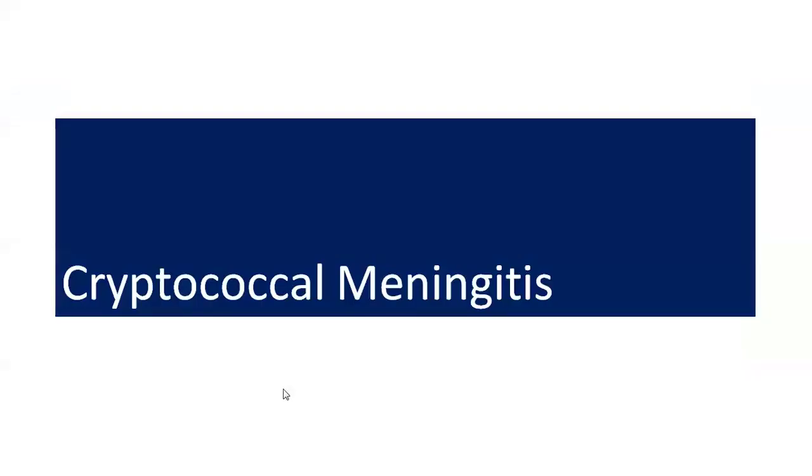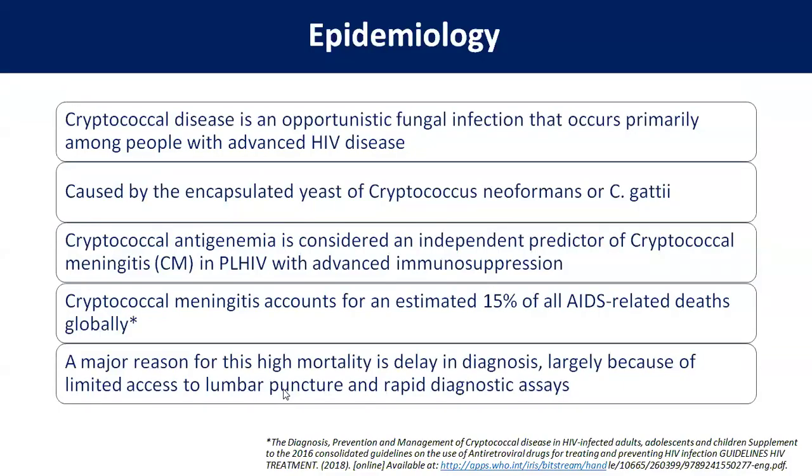Coming to cryptococcal meningitis. After laying a foundation about what clinical features to expect from various infestations, we are talking about cryptococcal. What is the epidemiology? Cryptococcal disease is an opportunistic fungal infection that occurs primarily among people with advanced HIV disease, caused by the encapsulated yeast Cryptococcus neoformans or Cryptococcus gattii.